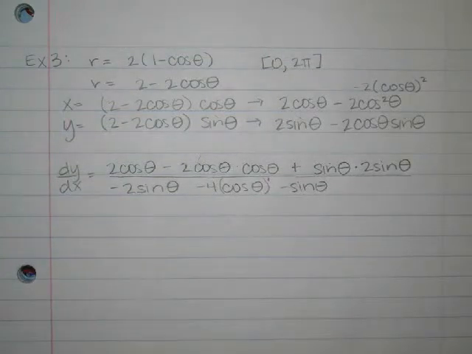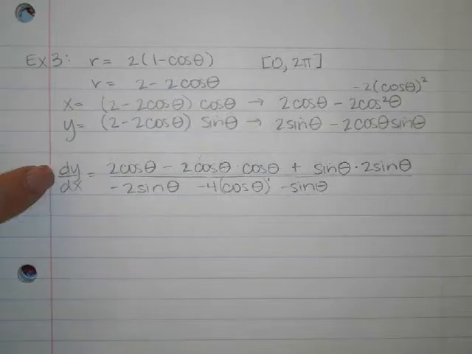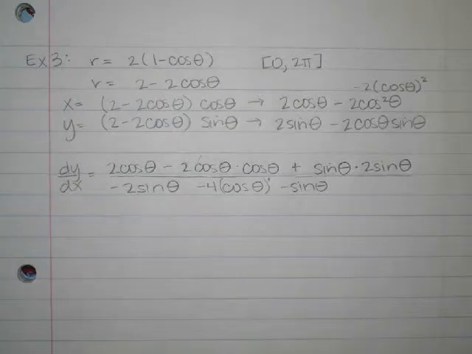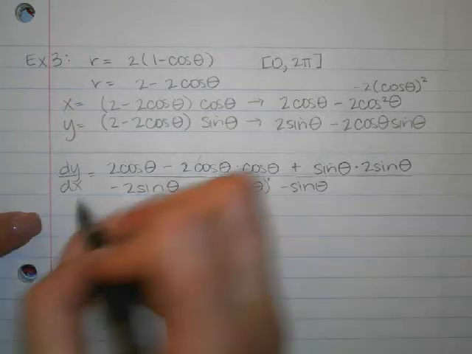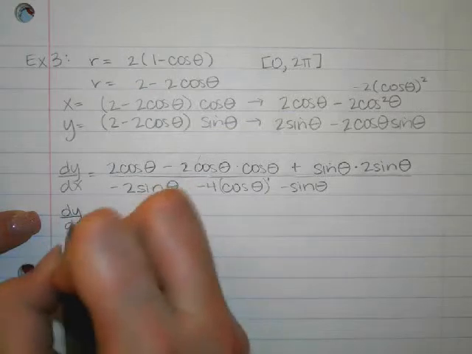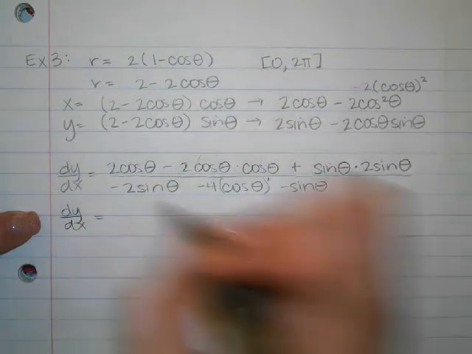Okay, now for us, that's us finding the derivative. Of course, we can make that a little bit more clean looking, but when we do the next part where it says find the horizontal and the vertical tangent lines, what do we do with this to find those parts? Yeah, set the top or the bottom equal to 0. Okay, so I'm going to go ahead and write this a little bit more nicely.